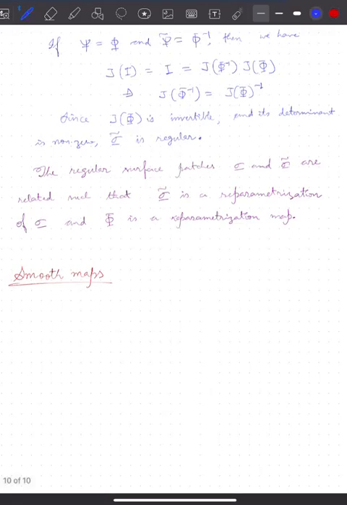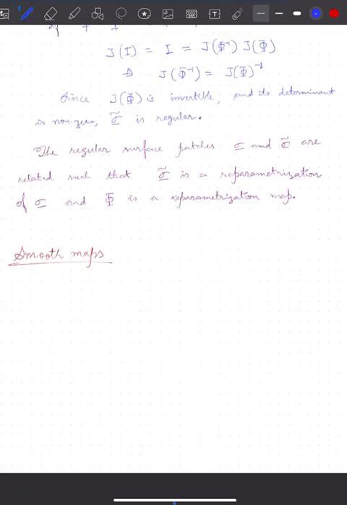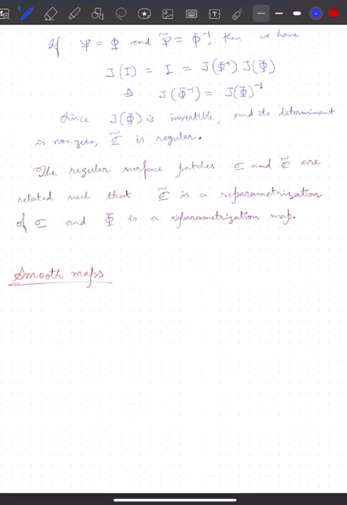So the idea is, let me reframe it. Say we have two surfaces, S1 and S2, right?